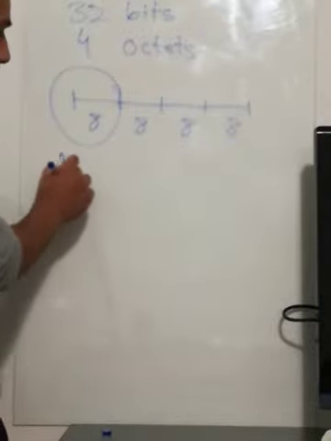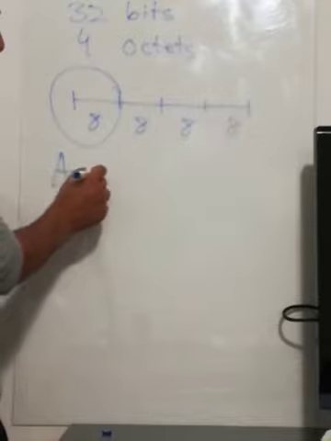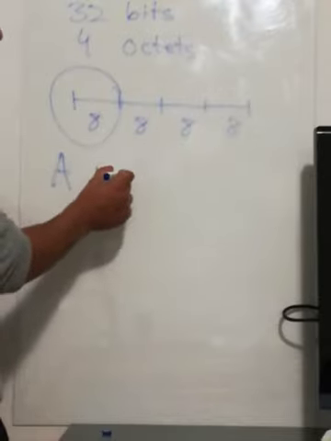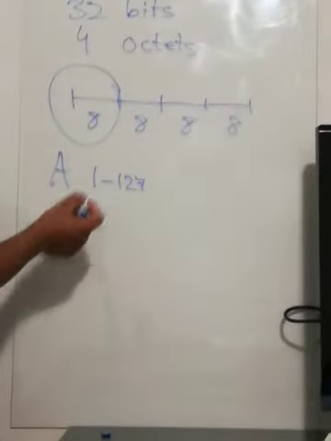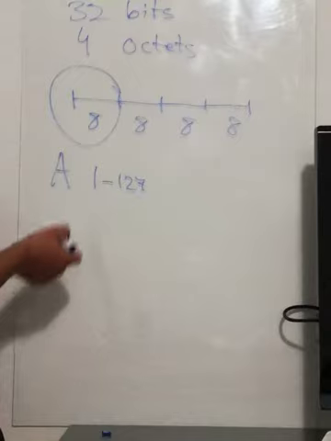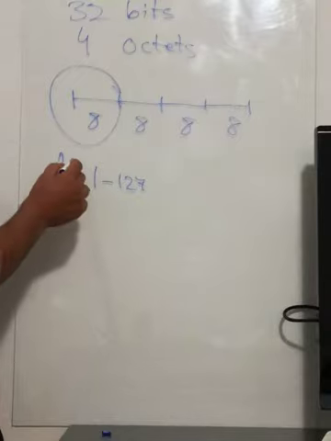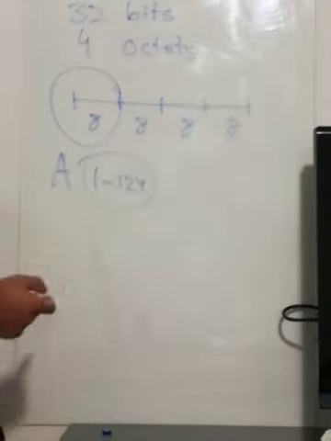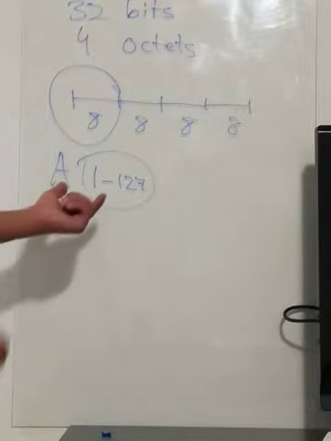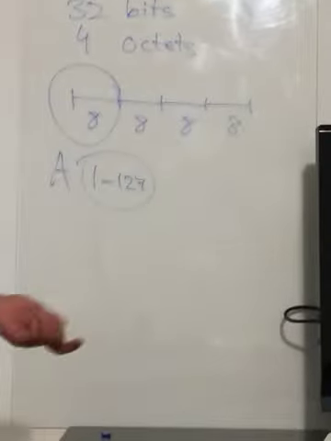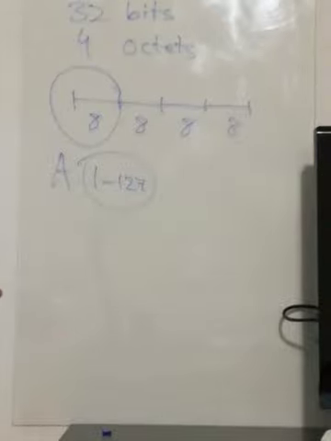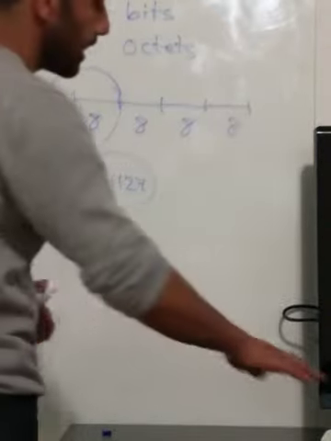For a class A IP address, the first octet starts from 1 to 127. When the first octet of the IP address is between these numbers, you should immediately know that it's a class A IP address.